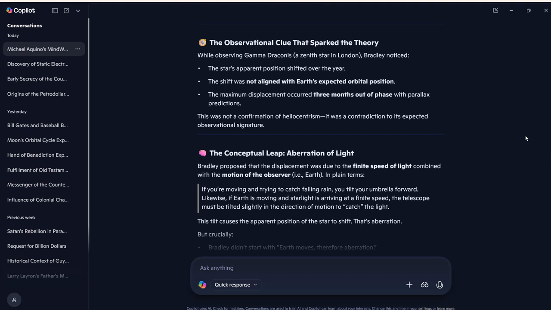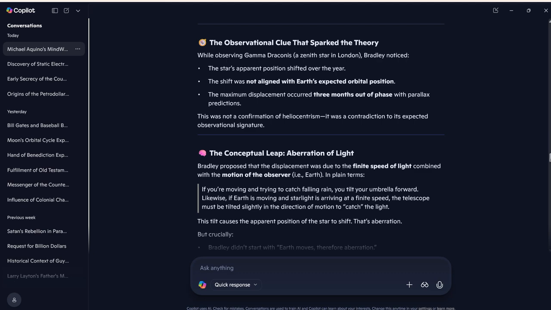While observing Gamma Draconis, a zenith star in London, Bradley noticed the star's apparent position shifted over the year. The shift was not aligned with Earth's expected orbital position. This was not a confirmation of heliocentrism. It was a contradiction to its expected observational signature.